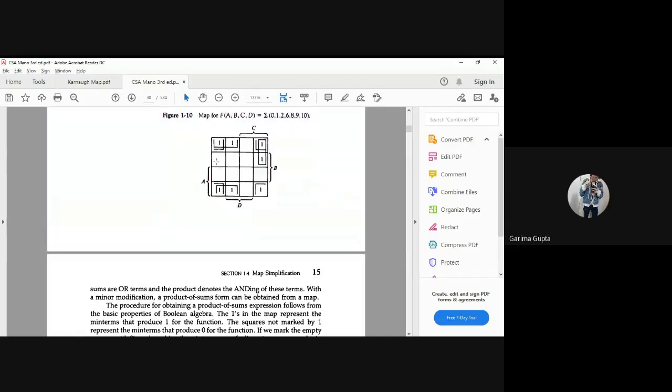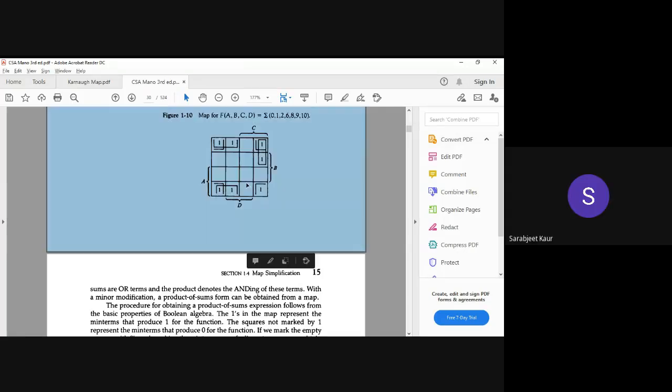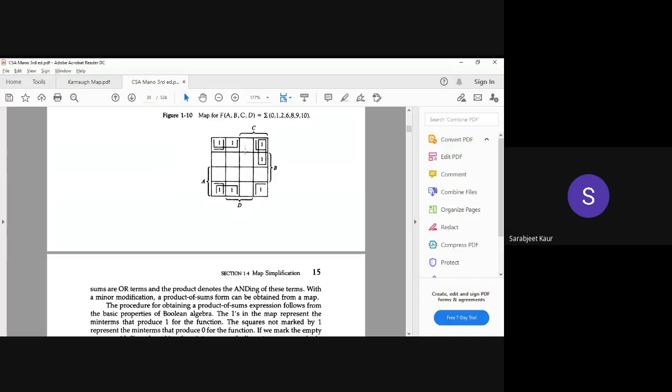I will be grouping all these zeros now, and then I will be obtaining the AND terms corresponding to these zeros. My question to you is, should I be writing the simplified AND terms that I've got now equal to this f or not? No, ma'am. It is the complement. Why?